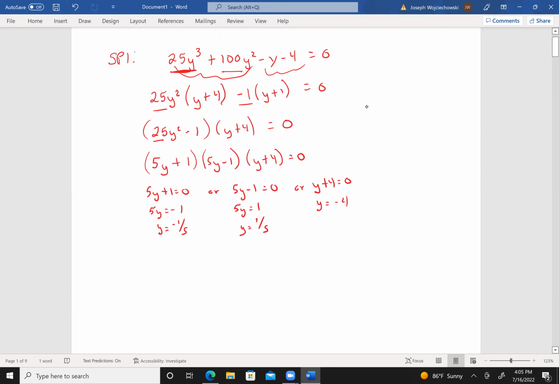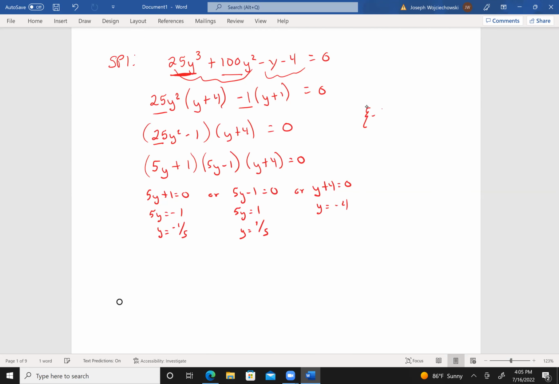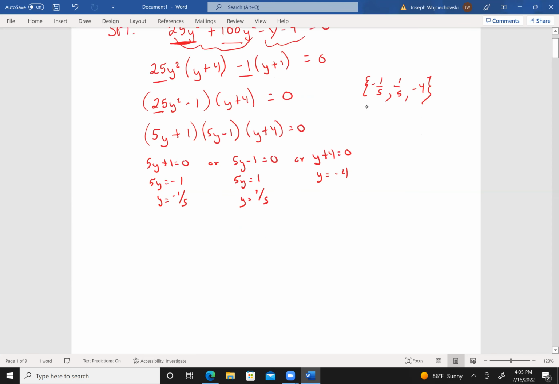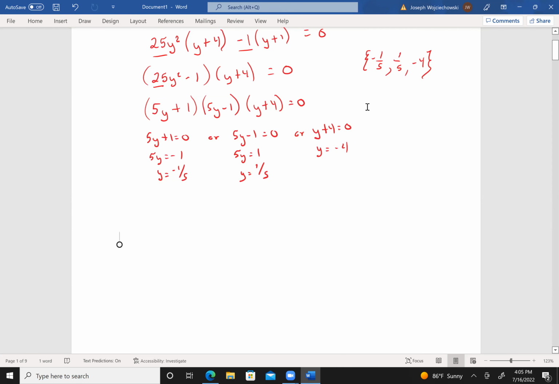So my solution set is -1/5, 1/5, -4. The main thing you have to worry about when checking your answers is if there is a variable in a denominator or if there's a radical. You have to take that into account. Typically, it's not an issue.